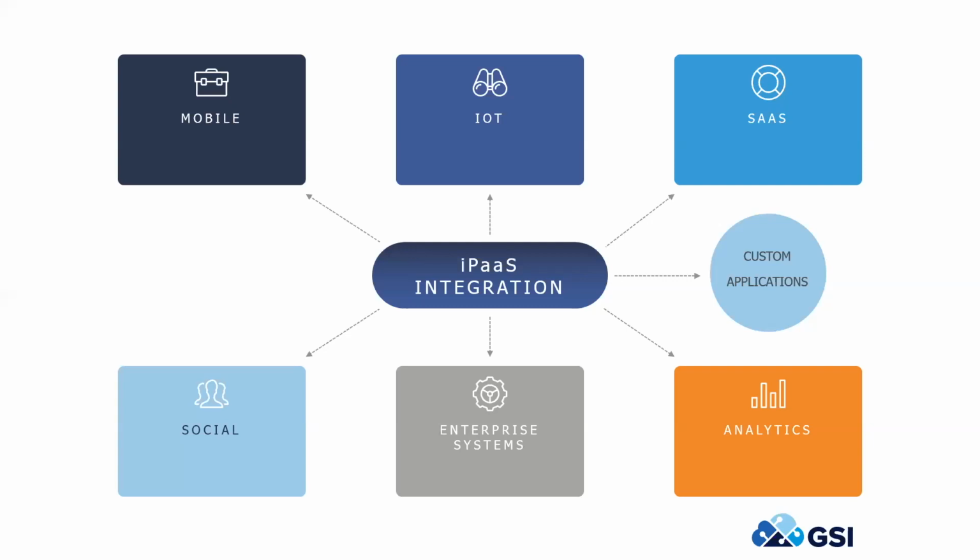So let's talk about iPaaS, which is the next iteration. And I think iPaaS probably started about 10 years ago. That's integration as a service, a cloud-based software package that will handle your integrations for you in one centralized location.